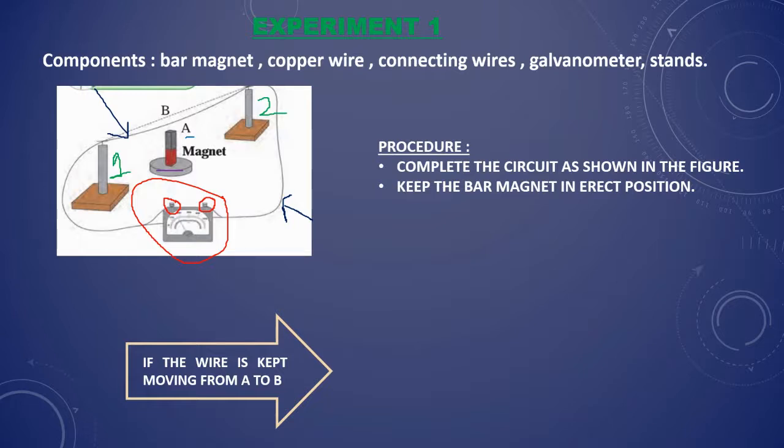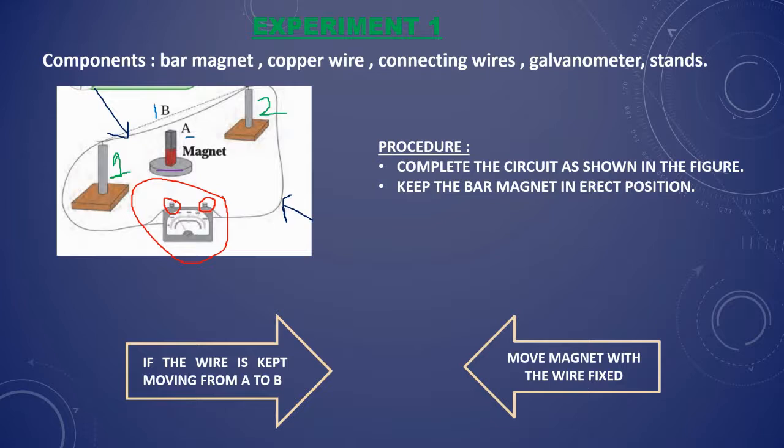So now this copper wire is kept moving from position A to position B. So what happens? And this is case 1. So when the wire is kept moving from A to B, this we'll consider as the case 1.